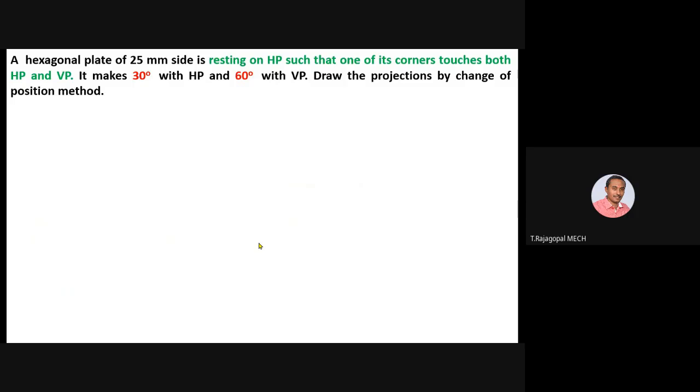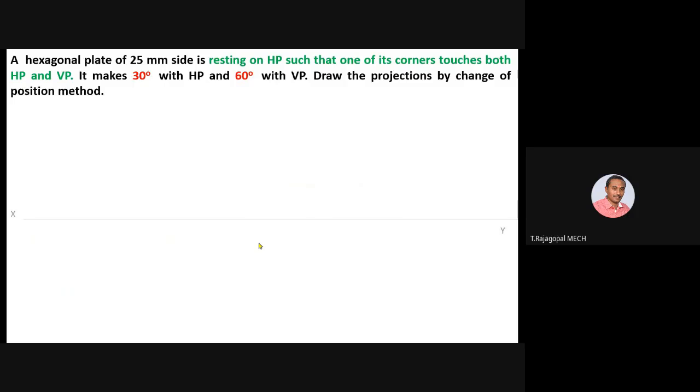Surface inclination, which one you have to take, whether 30 degree with HP or 60 degree with VP. Okay, so you see resting on HP, you have to take the inclination in step number 3, 30 degree with HP. Afterwards, you can go for last final step, you can go for 60 degree with VP.